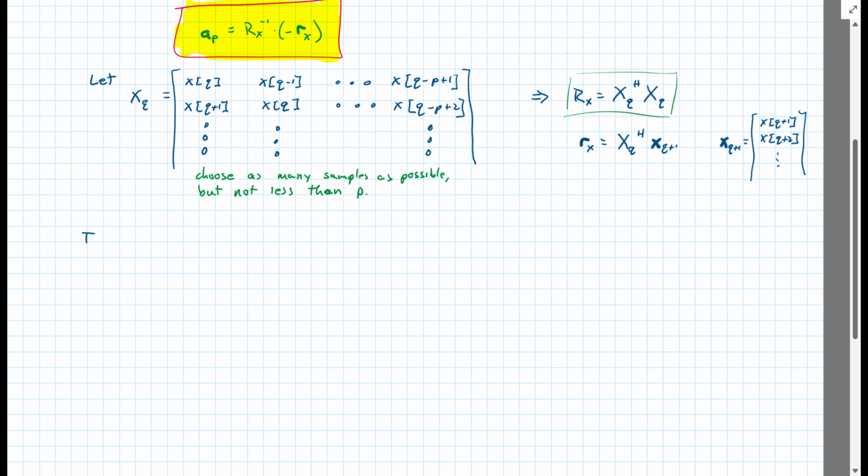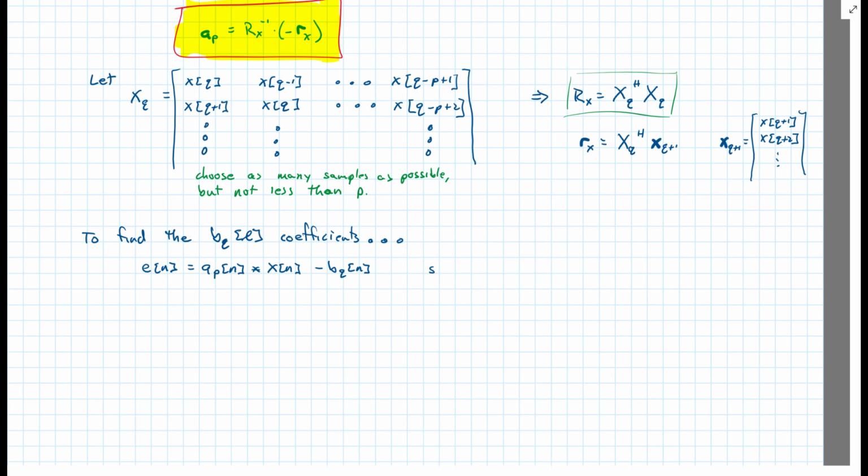So to find the BQ coefficients, let's go back and look at the equation where we had e of n equal to ap of n convolved with x of n minus bq of n.